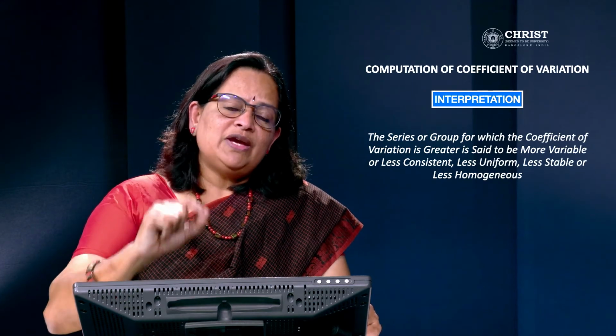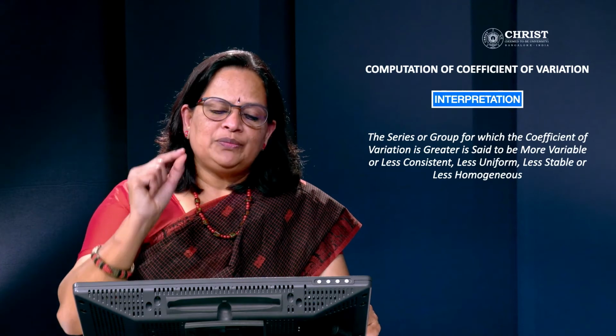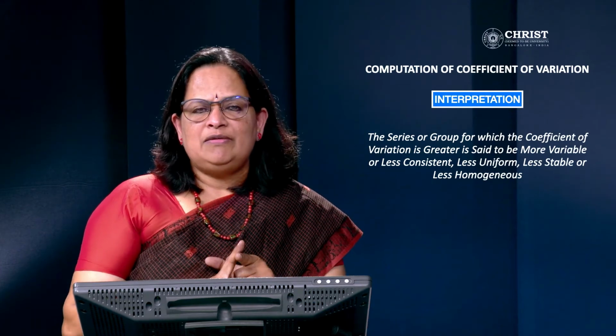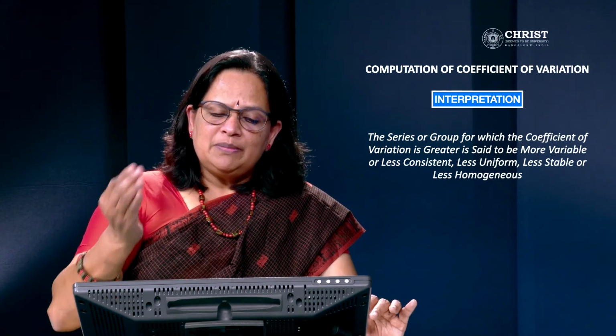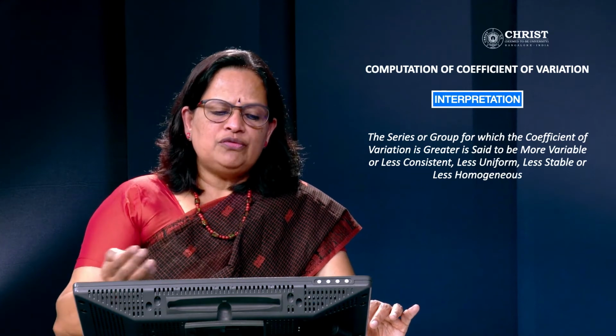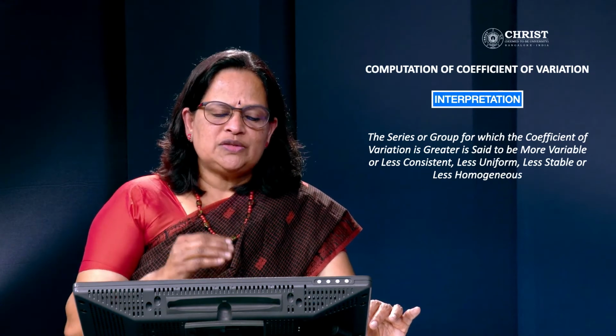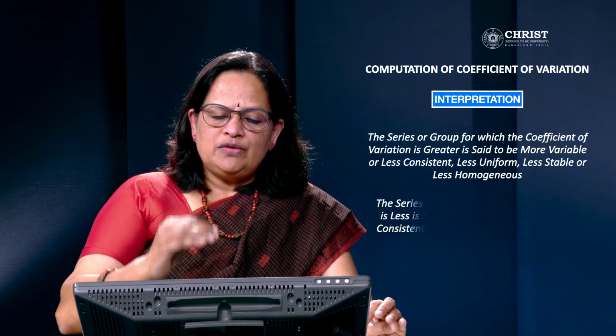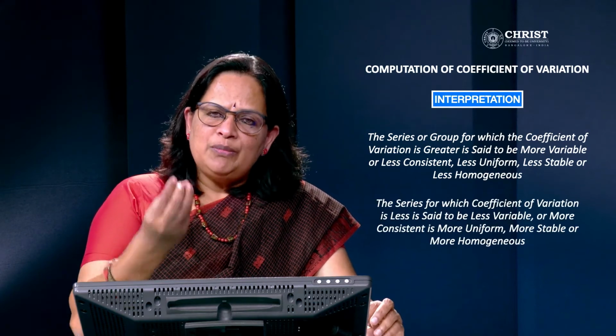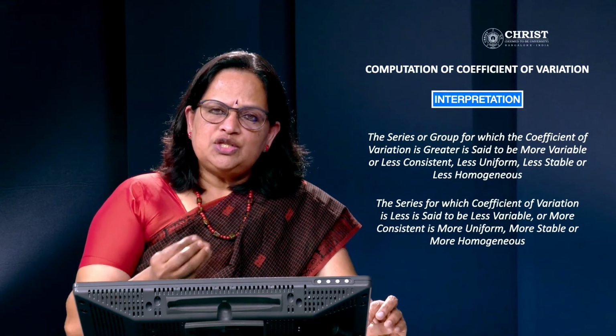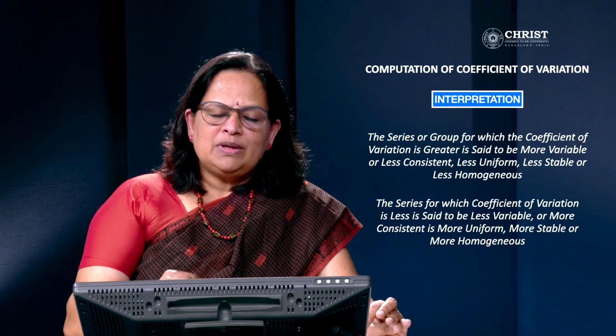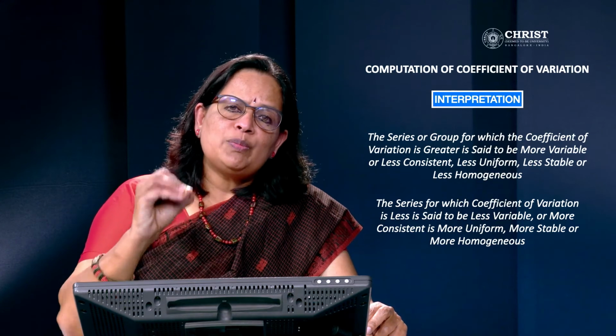That means if we get a high value, there is high variation among the values or distributions, so it is less consistent, less uniform, less stable or less homogeneous. Whereas if the coefficient of variation is less, if your computed value is small, it is said to be less variable: more consistent, more uniform, more stable, more homogeneous or more predictable.